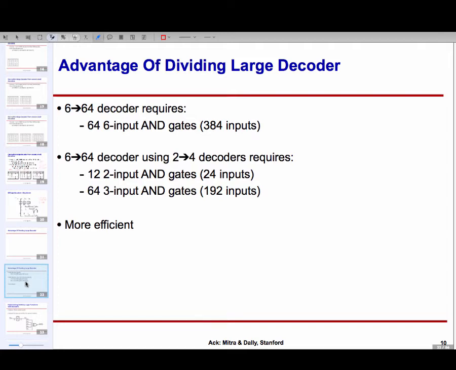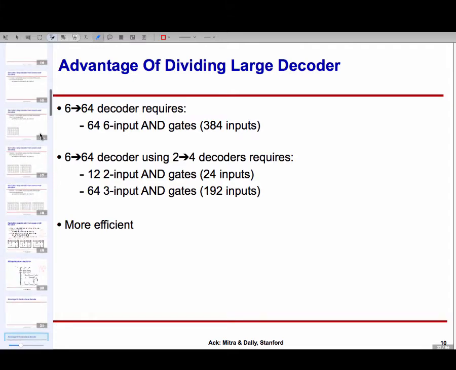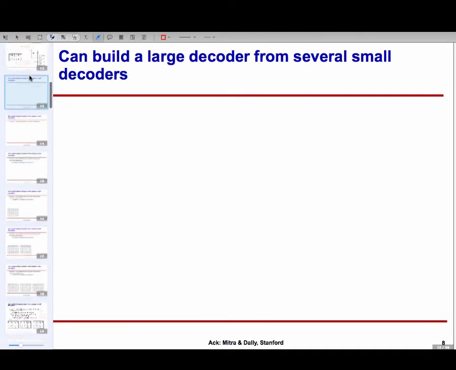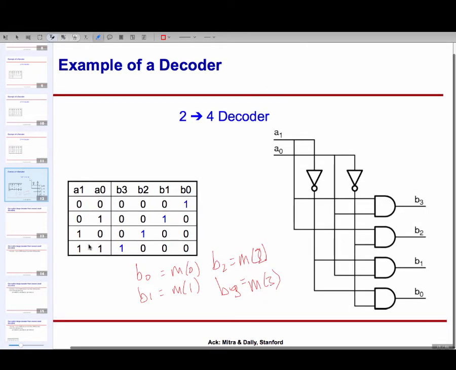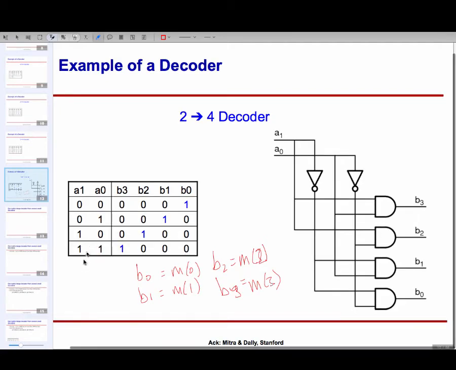So if I do a 6:64 decoder and build that from scratch, using this approach where I do the truth table and form all those minterms, then with 6 inputs I have 2 to the power 6 rows in my truth table, and I have to cover each minterm once.